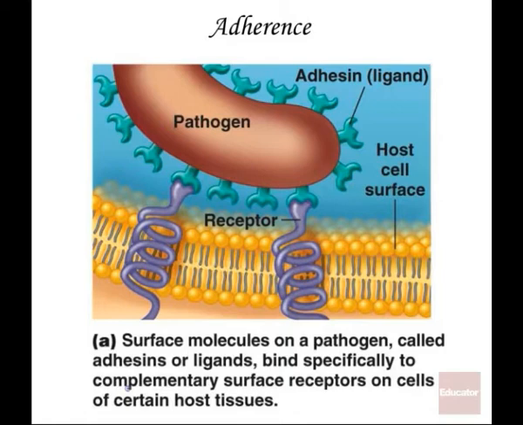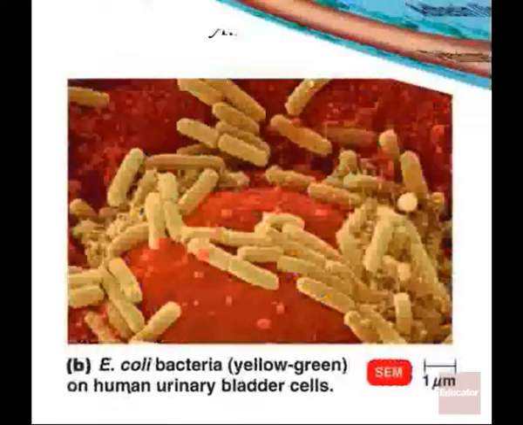So this mechanism may also help determine where that bacteria is going to live in the body, because in this particular case, it's only going to live in the places in the body where these receptors exist.